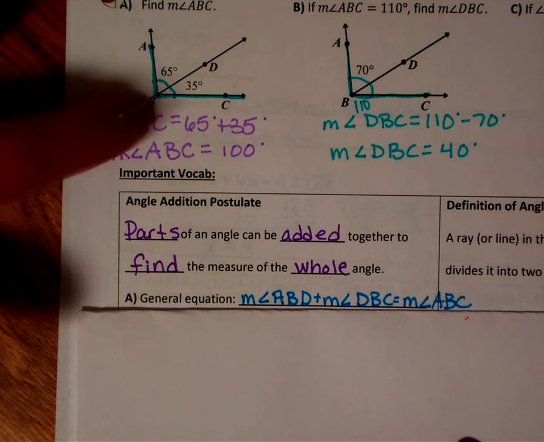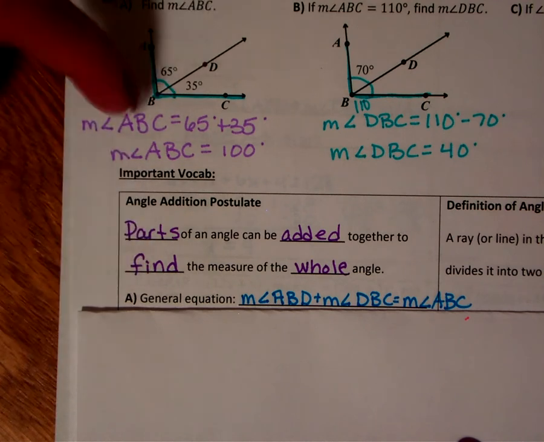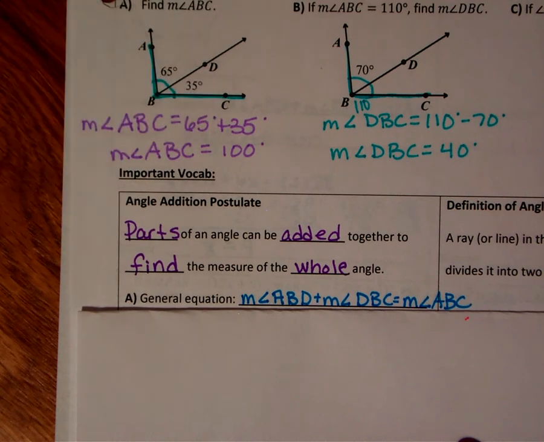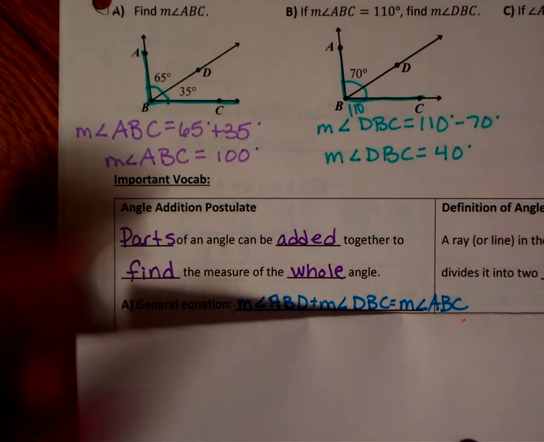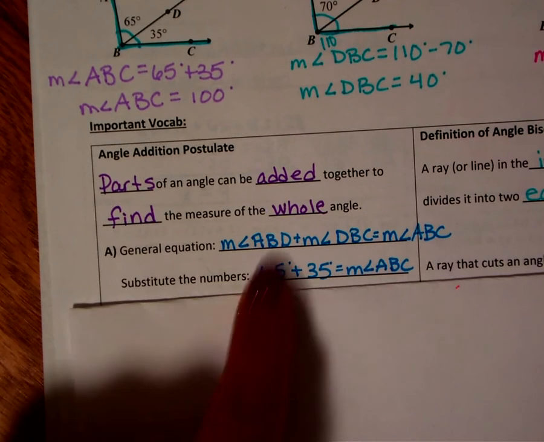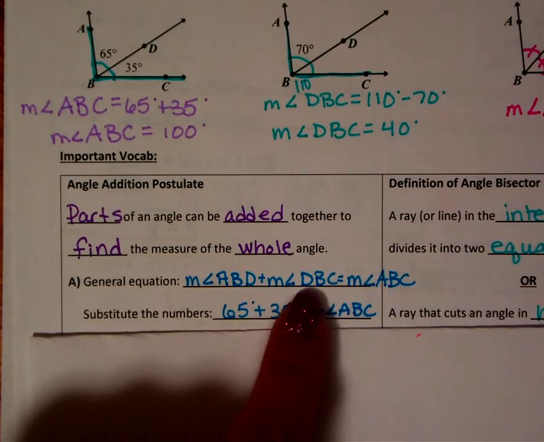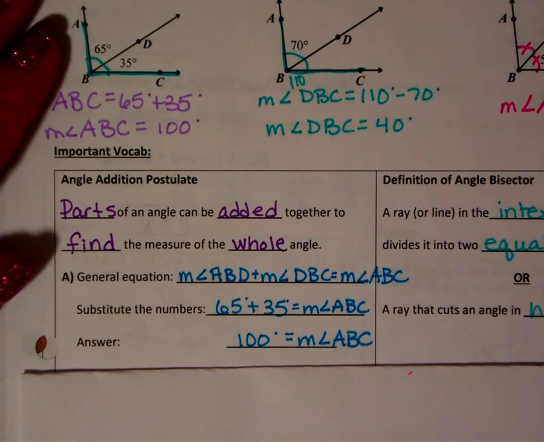So we say the measure of angle ABD plus the measure of angle DBC is equal to the measure of ABC, the whole big angle. That's our general equation. What's our reason for that? Angle addition. Once you make your substitution for what we know the measures of angle ABD and DBC are, add those to get the 100 degrees.